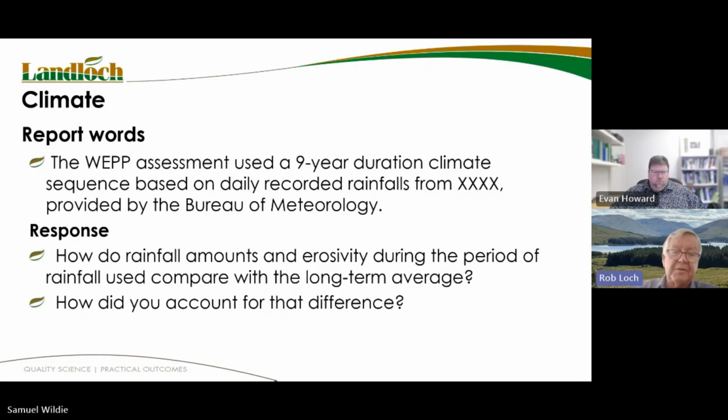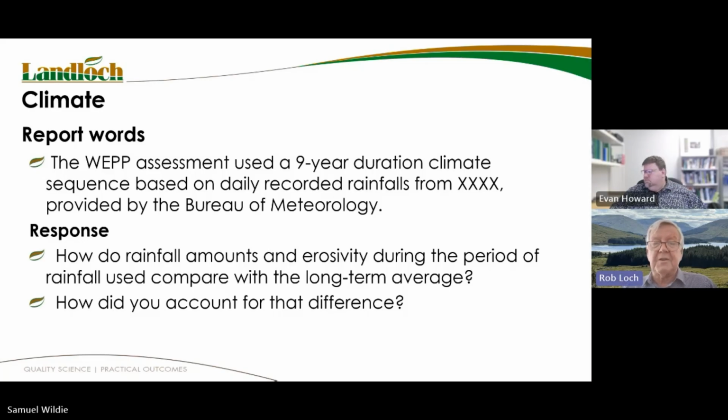And there would immediately be the questions: how do the rainfall amounts and erosivity during that 9-year period compare with the long-term average? And if they didn't, how do you demonstrate that they are comparable, and if there is a difference, how do you account for it? So these things are important.